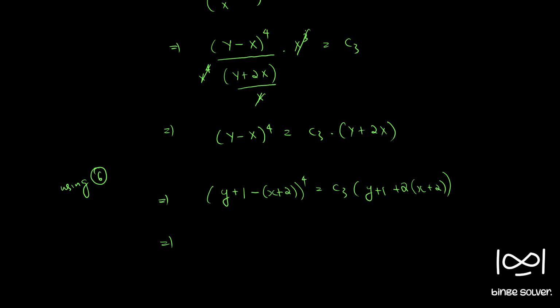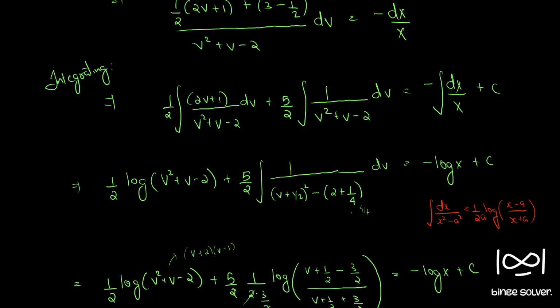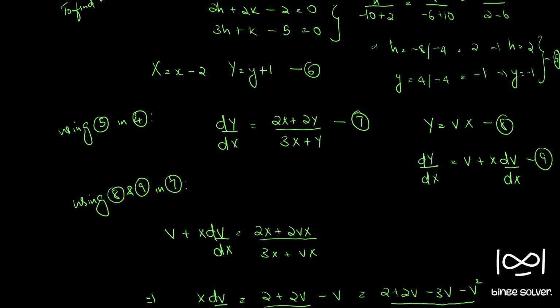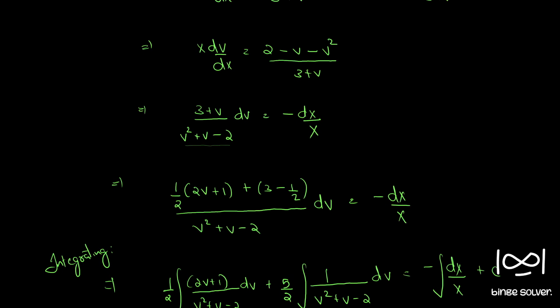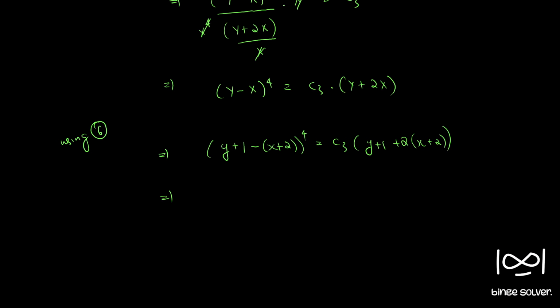Substitution was y plus 1 and x minus 2, right? From equation 6. Right, x minus 2 and y plus 1. I put x plus 2 by mistake. So it should be x minus 2. So here it is x minus 2 and x minus 2.